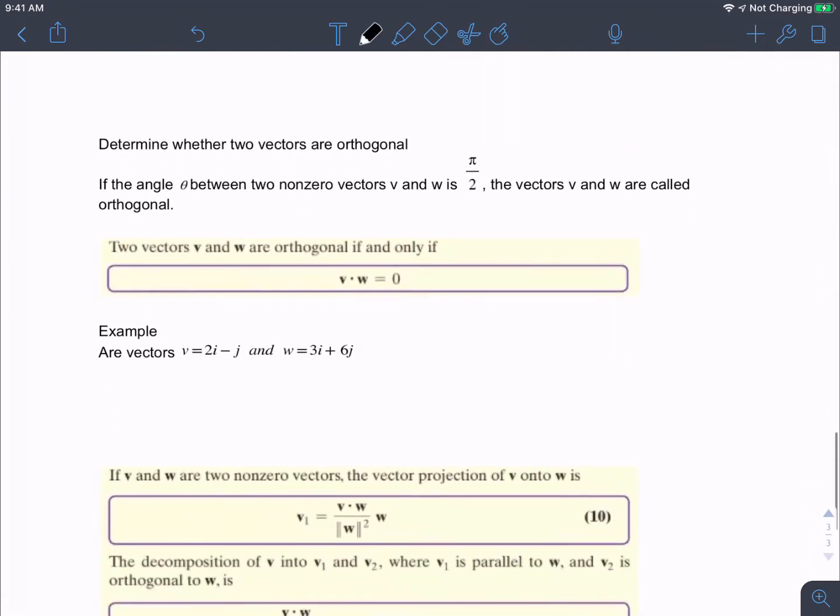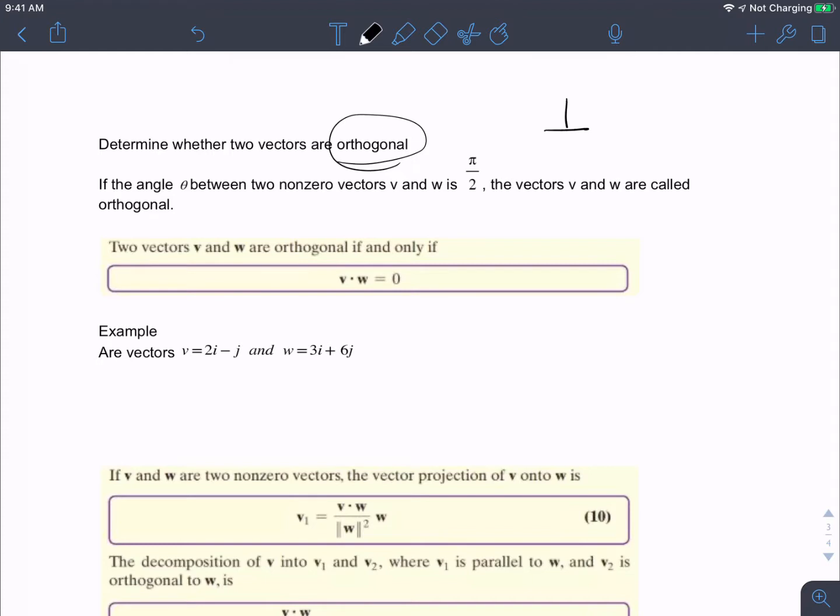Now to determine if vectors are orthogonal, this may be a new word for a lot of you. Orthogonal simply means perpendicular. It's another mathematical term. Most of your math teachers should probably use the word orthogonal. I know I use it when I talk about it in class with my students.